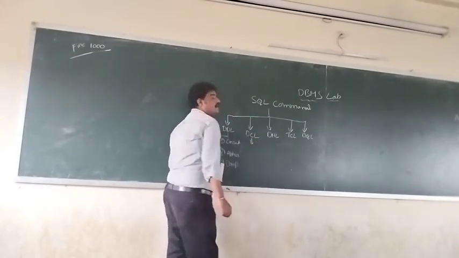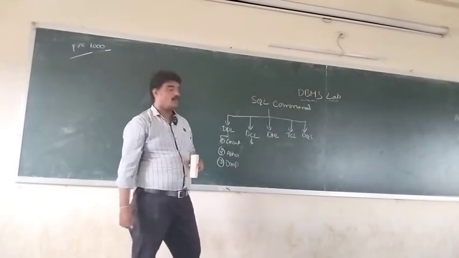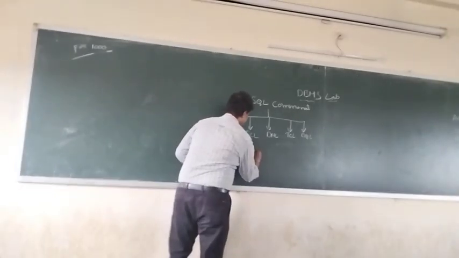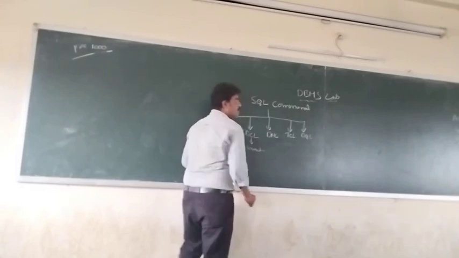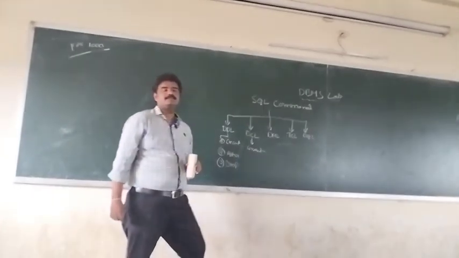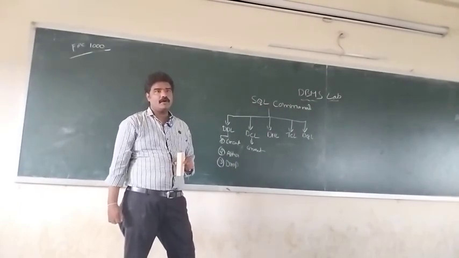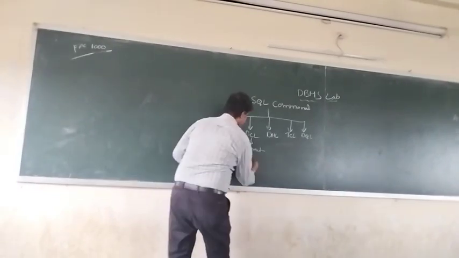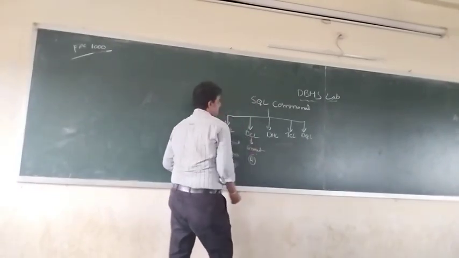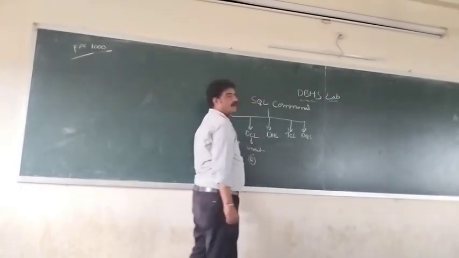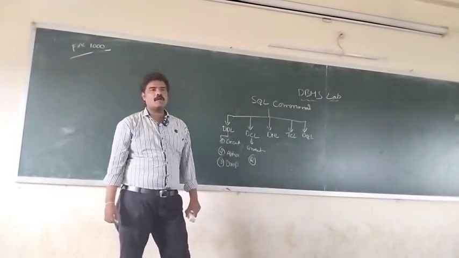So what commands do we have in DCL? One is grant and the second one is revoke. Okay, so just writing revoke. Now, data manipulation language.